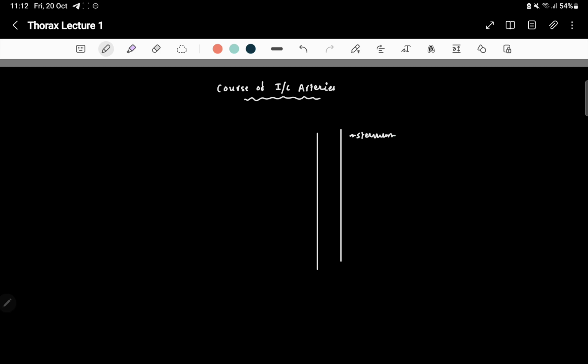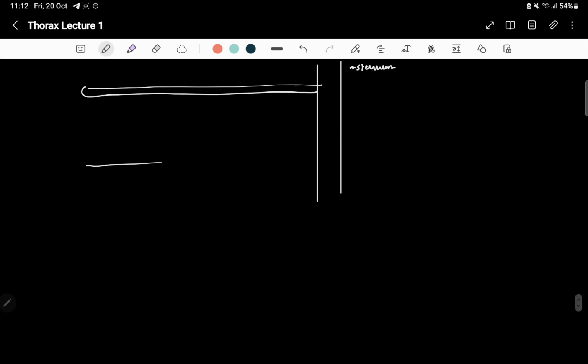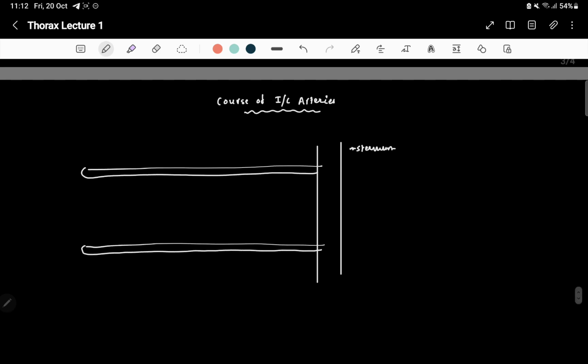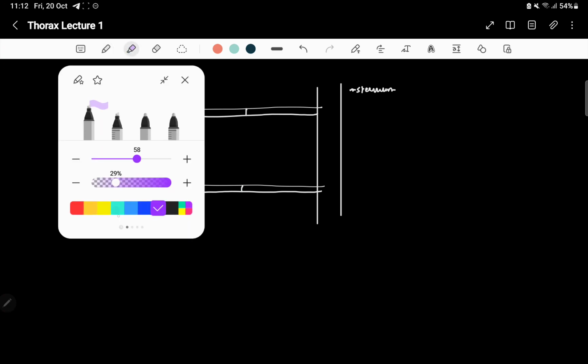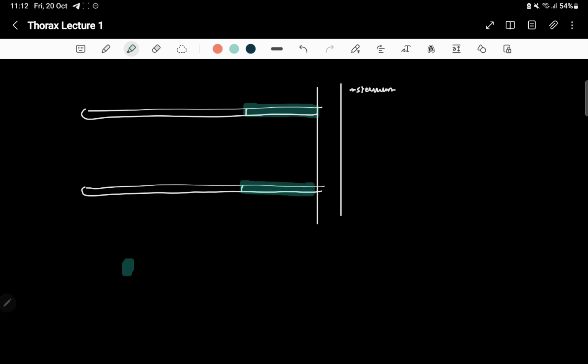Let's say this is a rib, and a rib is there like this. Another rib is there like this. These are your ribs, and let's make the cartilages too. These are your costal cartilages here.